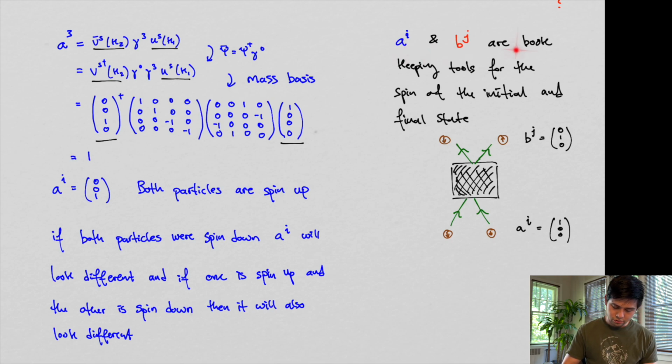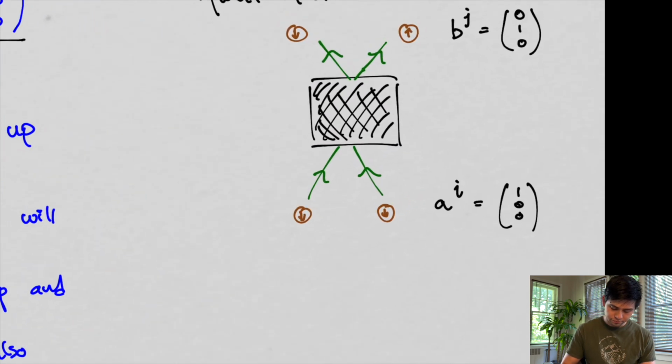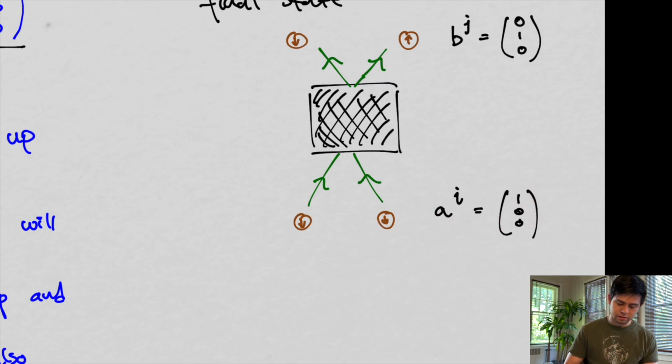So that's exactly what I said here. So AIBJ are bookkeeping tools for the spin of initial and final states. Right, so we have initial states here. If I zoom in, in the case that these two might be spin down, we get something like this.